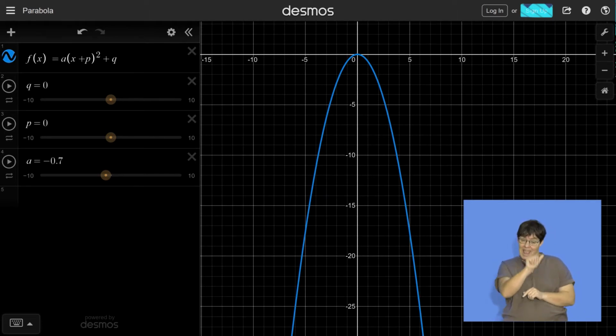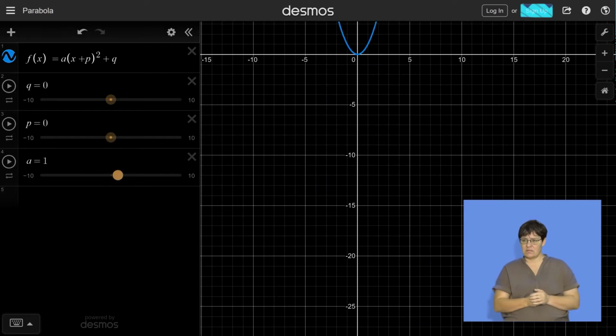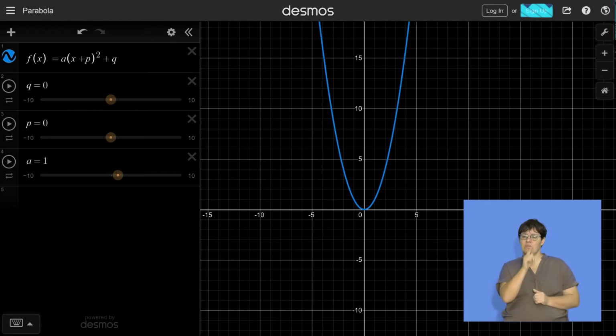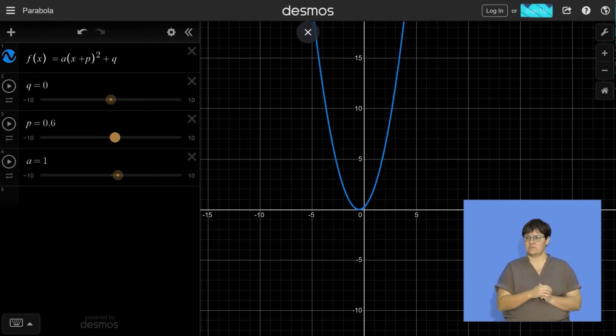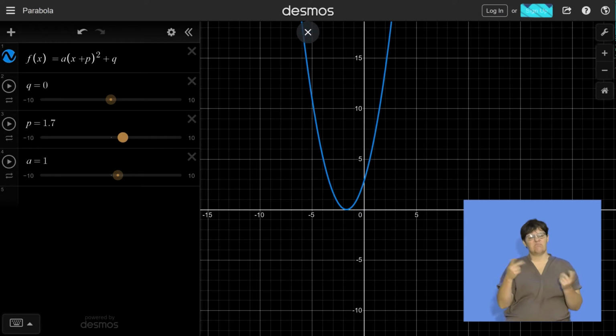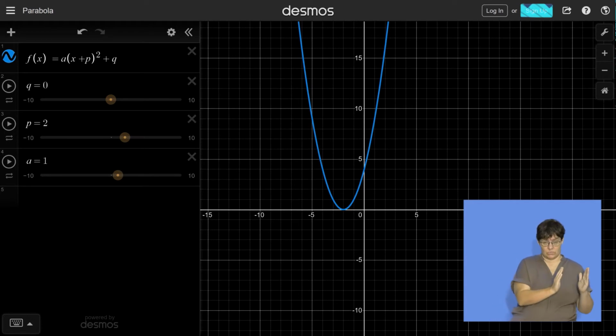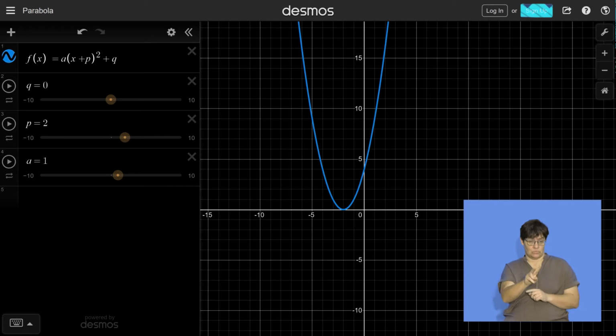Now, if I play around with the p and the q, I'm just going to take this down again, and I make it a positive. If I make p equal to a positive 2, you can see that this means that it was shifted 2 units to the left, where it will then be x plus 2, which means that the new turning point is at minus 2, the x value.